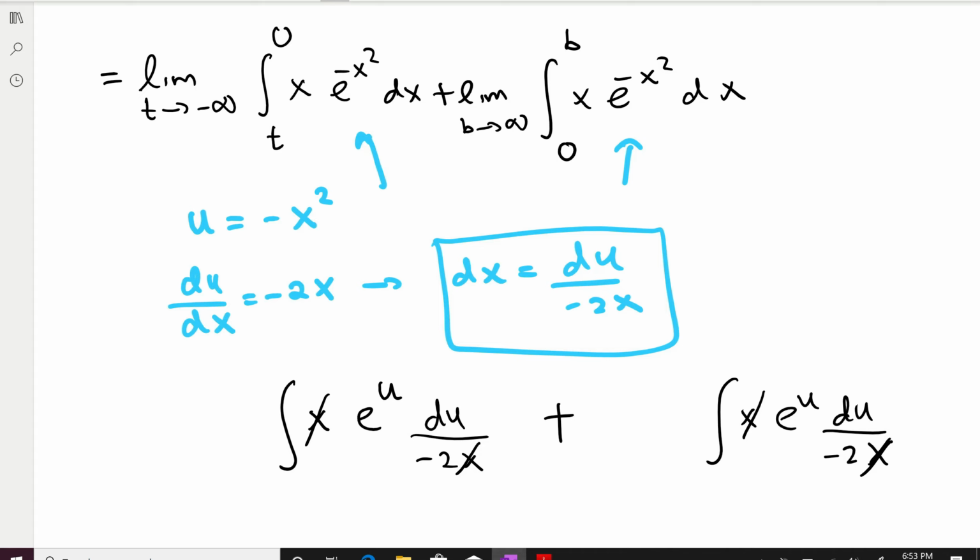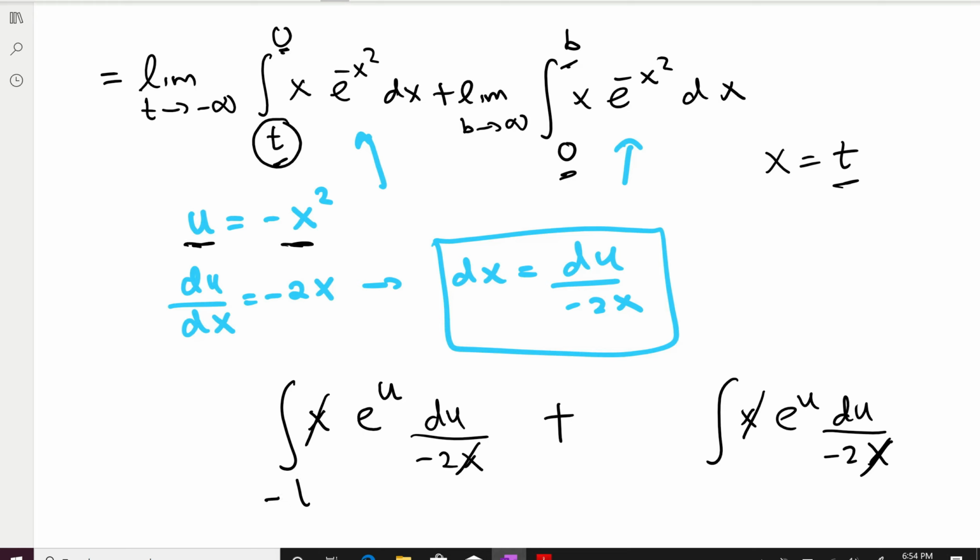Now there's one more thing. The limits have to change. You have to write your limits in terms of u, because these limits belong to x. When x is equal to t, what's u? It's negative t square.